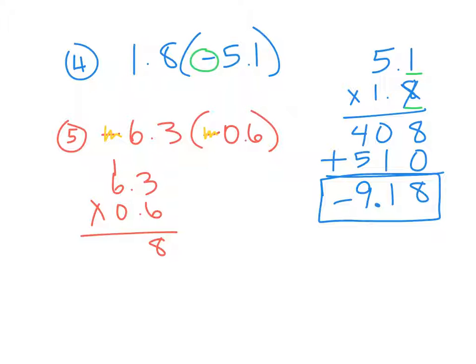Carry the 1. 6 times 6 is 36, plus 1, 37. Do I have to do the 0 times all this stuff? No. I just need to look at my decimals. How many are behind the decimal? So my answer is 3.78. Pretty easy stuff.